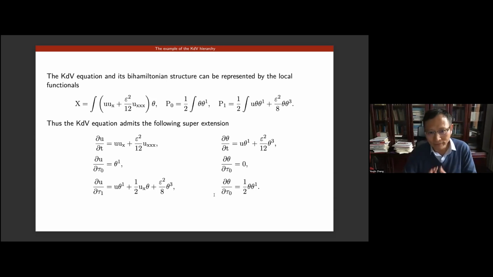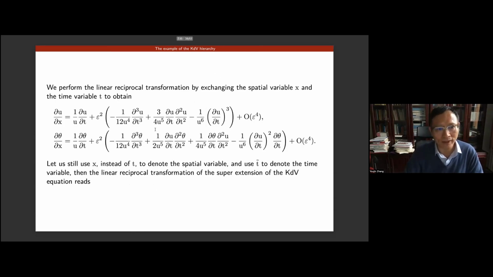Then we make a change of the spatial and time variables. We now view x as the evolution variable, as t, and t as the spatial variable. Then we can rewrite this system. We can represent u_x in terms of u_t, and theta_x also in terms of theta_t.